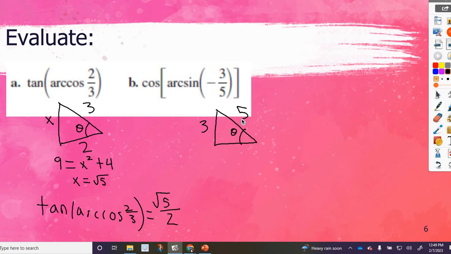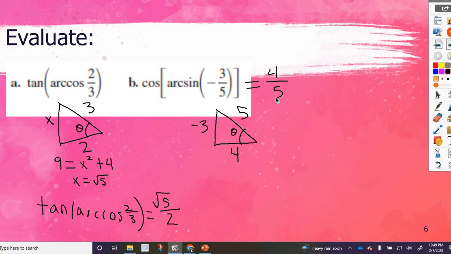Can my hypotenuse ever be negative? No, so the negative has to go with the 3. So then what type of triangle does that have to be? 3, 4, 5. Which is nice because then now, what is cosine of that triangle? 4 over 5.